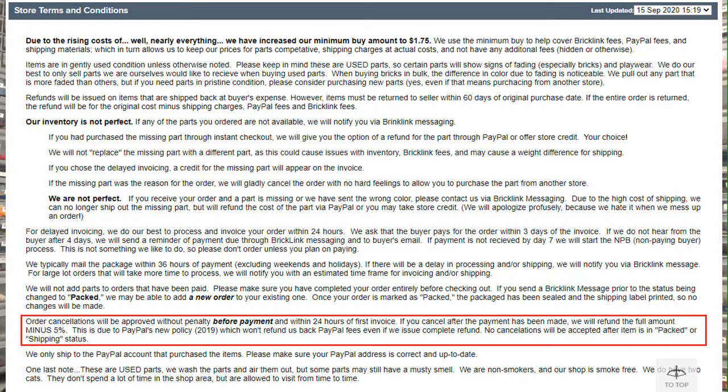The next thing on my terms and conditions is cancellations, and these do happen. Sometimes it's because I don't have the part that they need or I can't find the part that they need. Other times something comes up and they just need to cancel. Some stores are very strict about if you ordered from me, you're following through with that order.